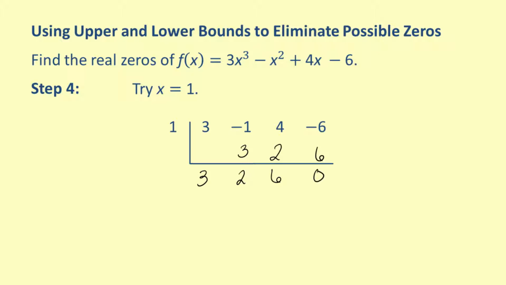Adding -6 and 6 gives us 0. Here we can see that x equals 1 is a 0 because we end with a remainder of 0.